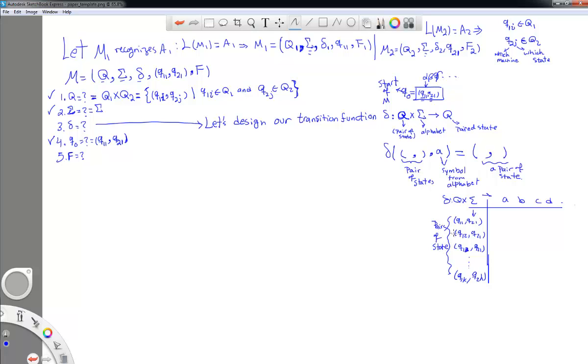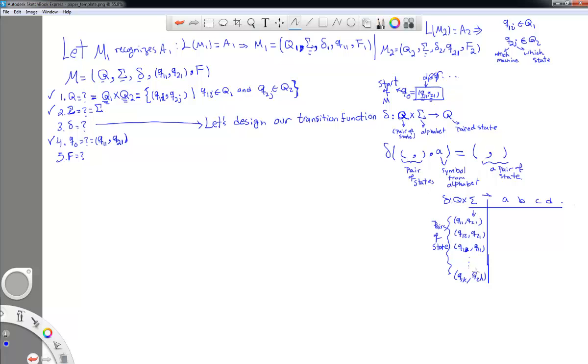But remember, the only caveat is that in the pair of states, the first state comes from the first automaton, and the second state in that pair comes from the second automaton. That's why I put this 11, 12, 13 and 21, 22, 23 and so forth down here, just to avoid that kind of confusion, right?